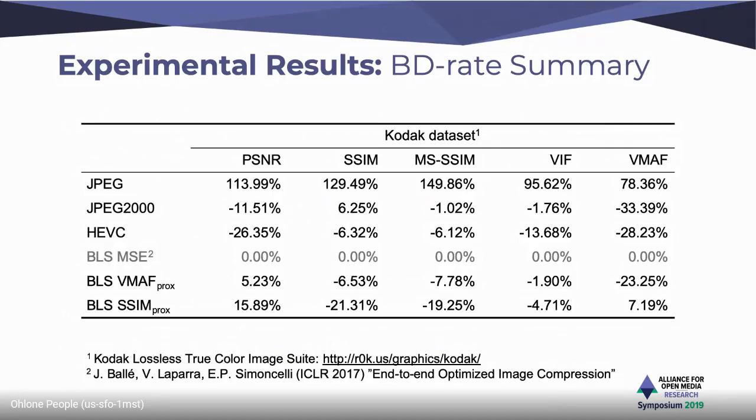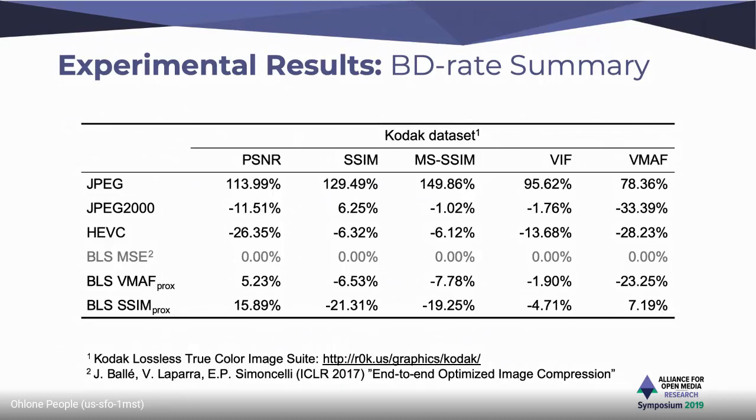And as you can see, when we optimize the Ballé model using the VMAF proxy, we can get quite significant BD rate reduction on VMAF. And what interests me is that you can see SSIM, MS-SSIM and VIF also got a bitrate reduction, which somehow indicates that VMAF is quite a promising perceptual metric.